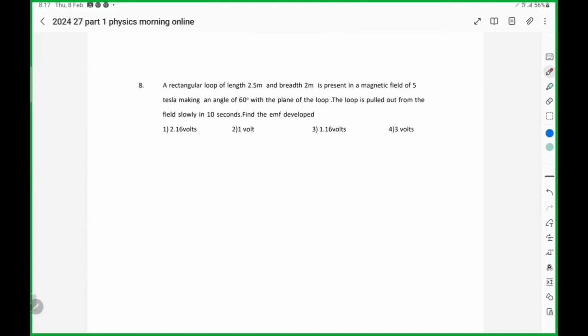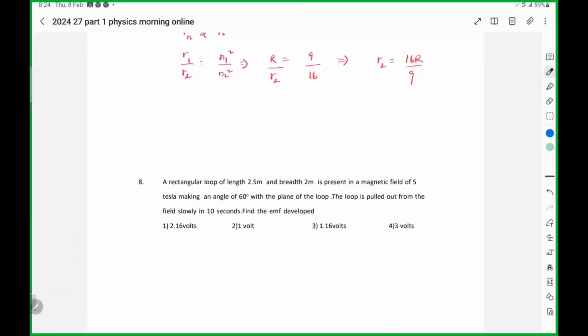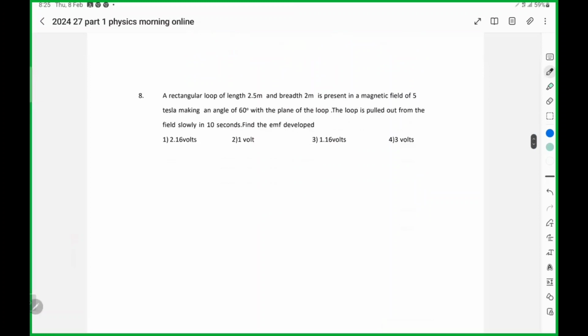Here, a rectangular loop is placed in a magnetic field of 4 Tesla, making an angle of 60 degrees with the plane of the loop.